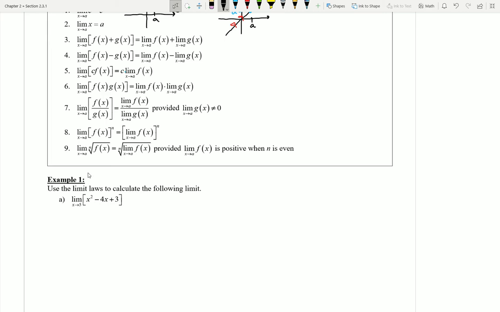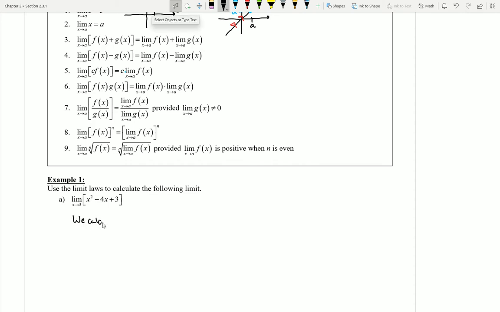I think one of the first limit laws that we could use would probably be something kind of like a combination of numbers 3 and 4. In that, I have a lot of things that are added or subtracted together, and I could separate those out into separate limits. So let's go ahead and write this.